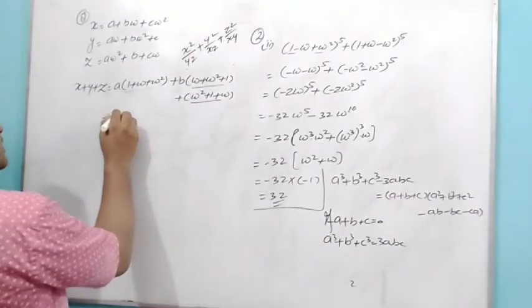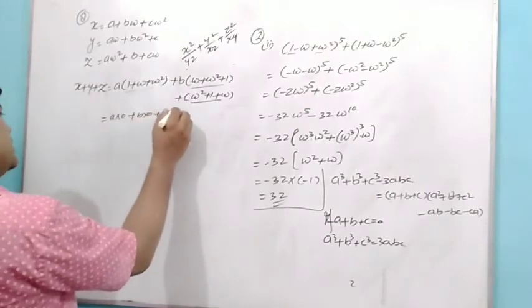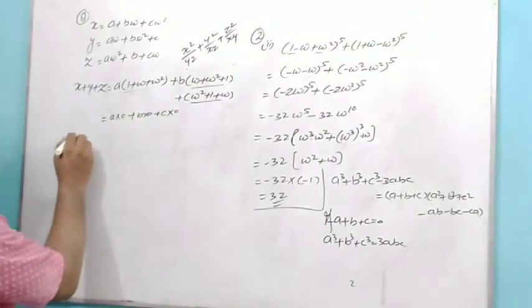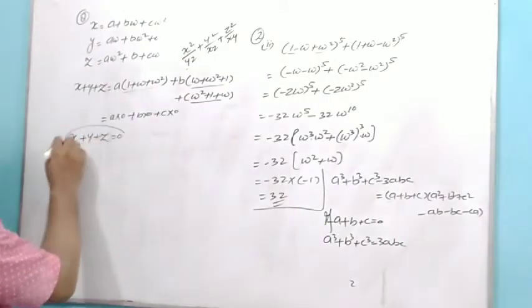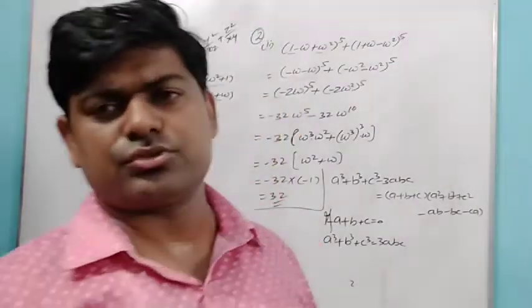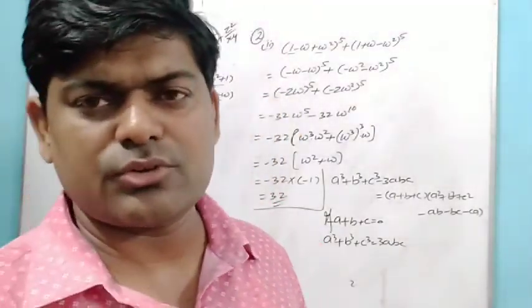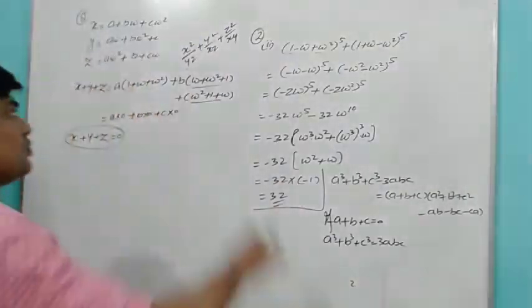So I have a into 0 plus b into 0 plus c into 0. So x plus y plus z is equal to 0, which we had already got. And if x plus y plus z is equal to 0, then x cube plus y cube plus z cube can be written as 3xyz.